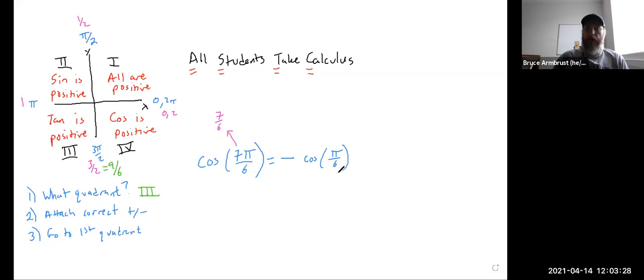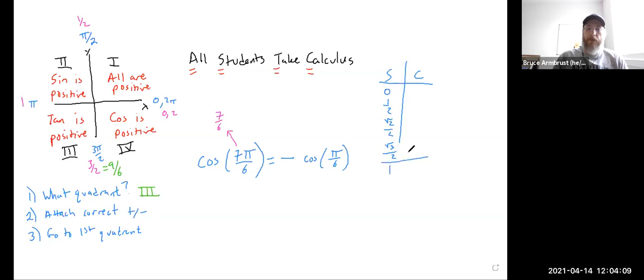And that's what I did here when I went to pi over 6. So why pi over 6? Well, because that's the bottom of this fraction. We've already seen that pattern. So now I just need to know the cosine of pi over 6. All right. So remember if we just know the first quadrant ones, we're good to go. This is what I mean. So the cosine of pi over 6, if you think about the chart and where this pops in, right? We had sine, we had cosine. The sines went 0, 1/2, root 2 over 2, root 3 over 2, root 4 over 2.